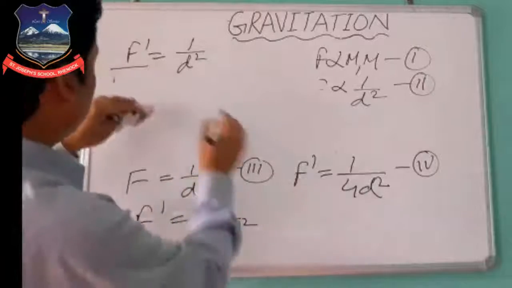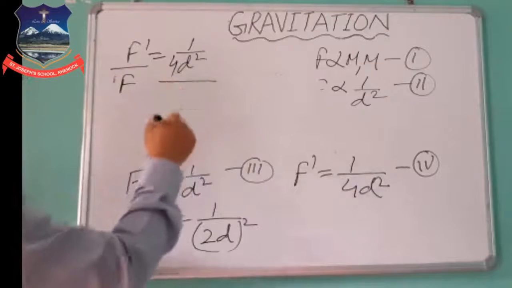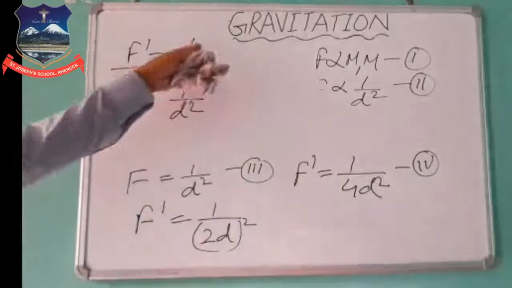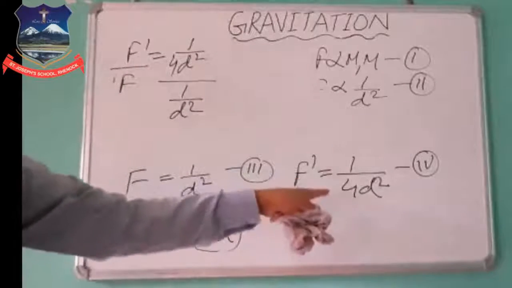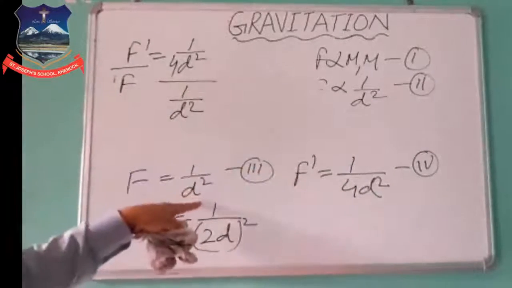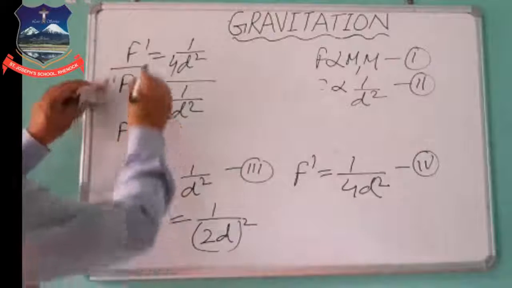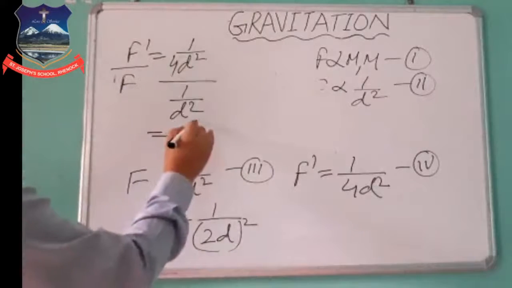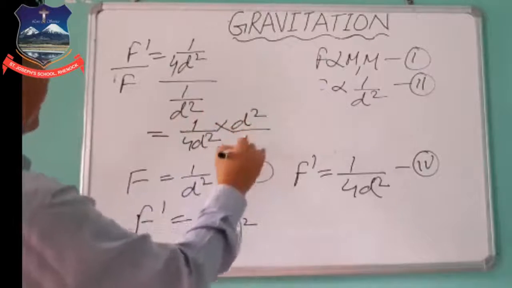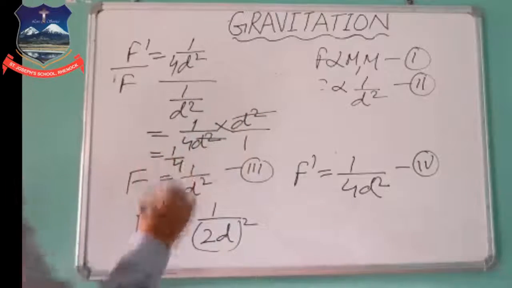When you divide, d square and d square cancel, so it equals 1 by 4.